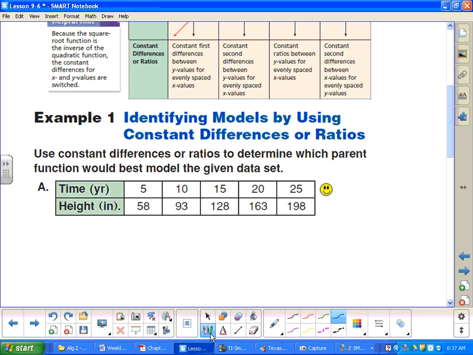First of all, we want to find the difference between 58, 93, 93, 128, 128, 163, and 163 and 198. My suggestion is that when you do this, you always work your way backwards. Start at the far right and go to the left, and then we're going to subtract them.